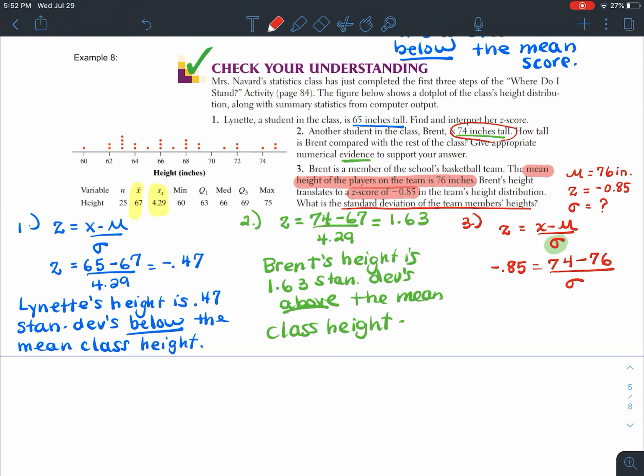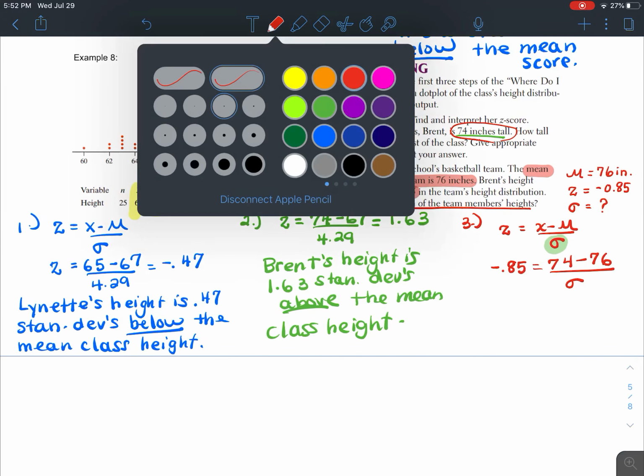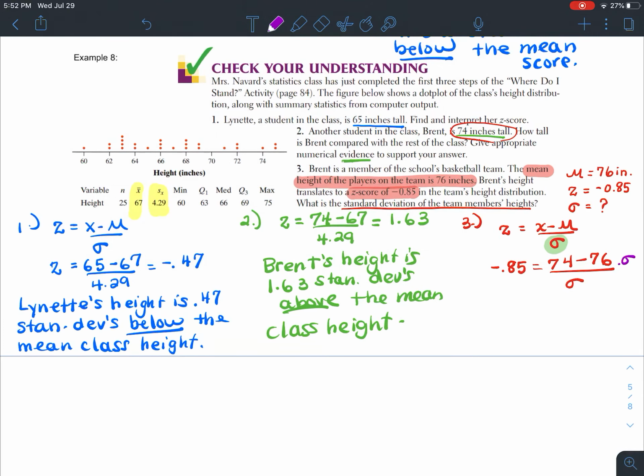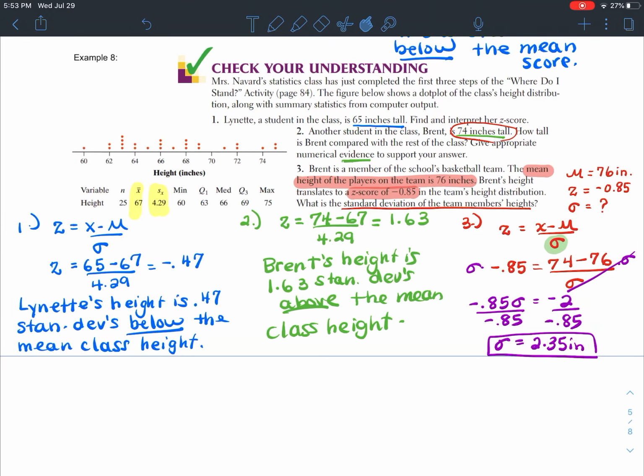Team's average height is 76, and I don't know sigma, the team's standard deviation. That's what I'm trying to find. Okay, so I'm just going to use algebra here. We're going to multiply both sides by sigma. Okay, I'm going to get a negative 2 on this side when I subtract 76 from 74, and then I divide by negative 0.85, and I get that the team's standard deviation is roughly 2.35 inches.